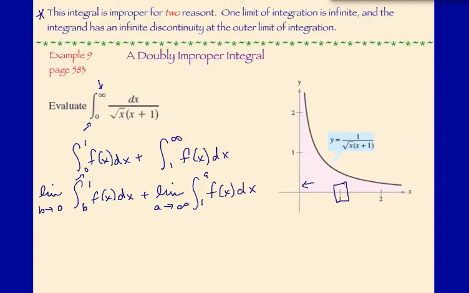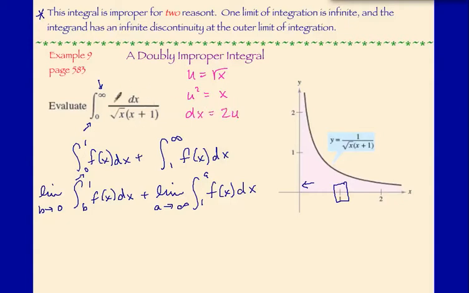Now, integrating this is going to require a little u du substitution. If I let u equal the square root of x, u squared is x, and dx is 2u du.